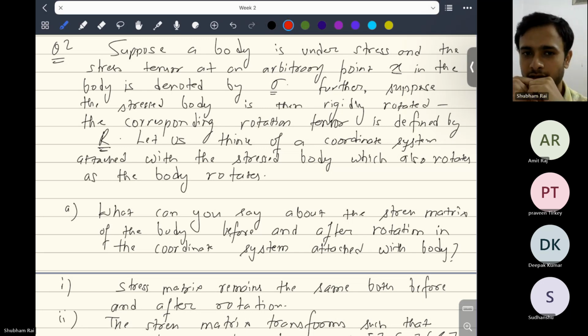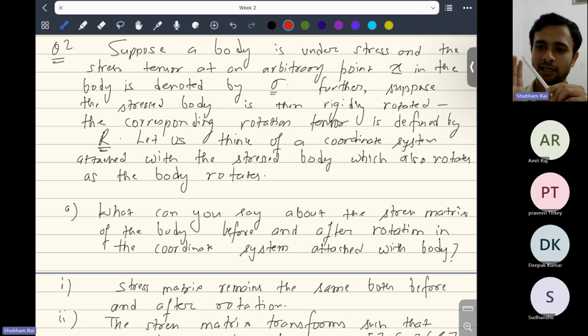So there's no relative change in the coordinate system before and after. If your coordinate system had been the same and your body had been rotated, then the stress tensor would have been present in the coordinate system attached to your body, but you would have to find the stress in the previous coordinate system, which had this horizontal line.